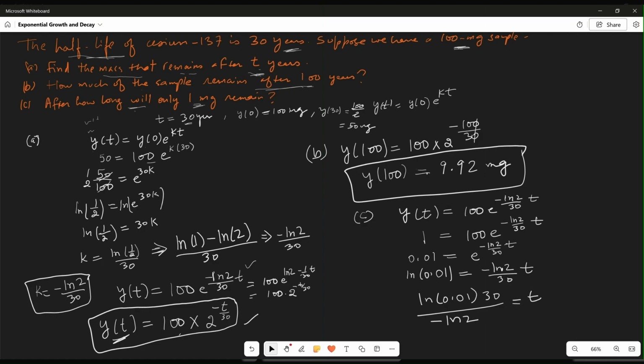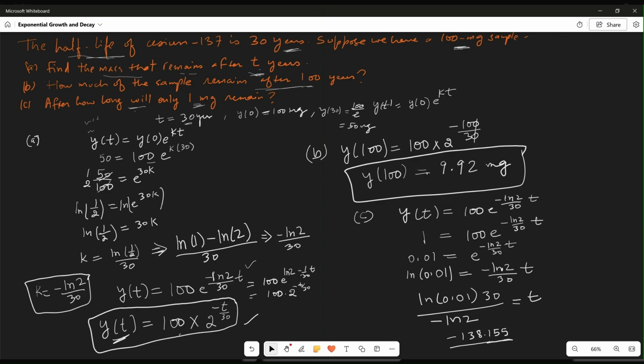And now let's bring up our calculator. What is natural log 0.01 times 30? Okay, so this is negative 138 divided by, it's actually negative 138.1. I'll take up to two decimal places here.